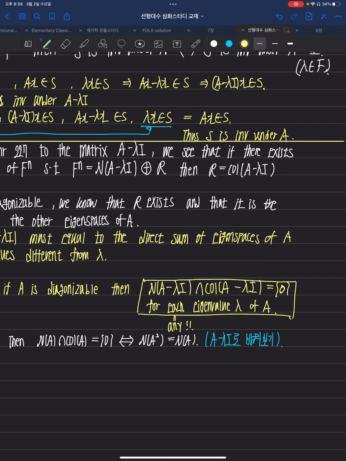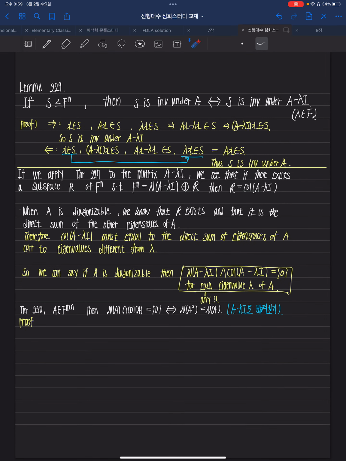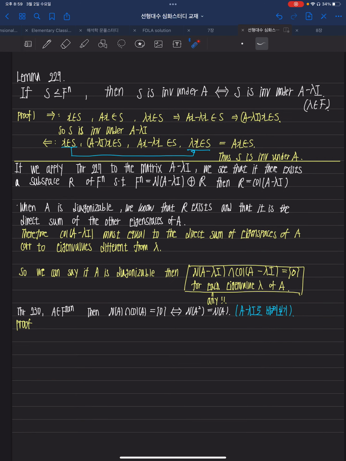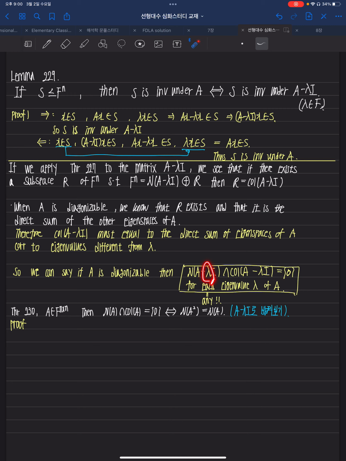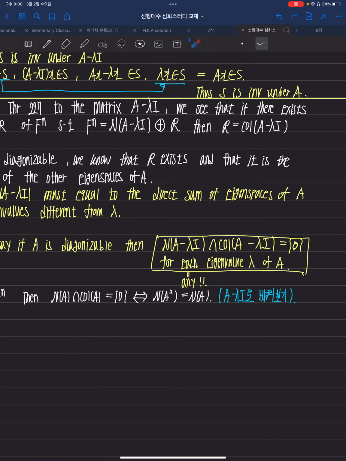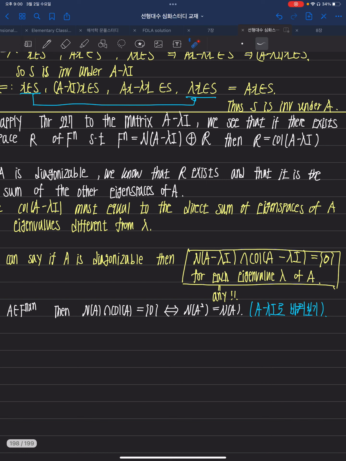If A has a lambda 1 that satisfies this condition, but lambda 2 does not satisfy this condition, then I can say A is not diagonalizable.